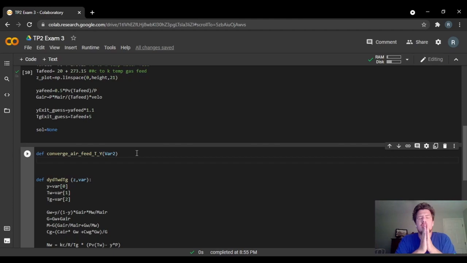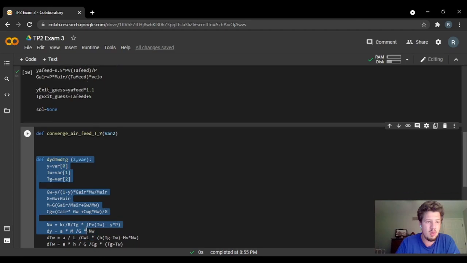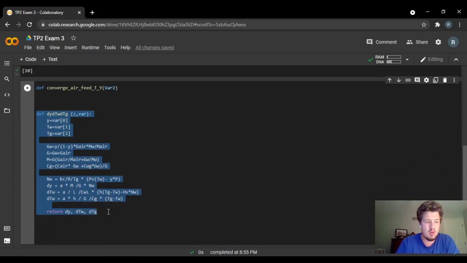So this is before we do the solve IVP. We need to convert the equation, and then we will find those variables. Let me tab this over.